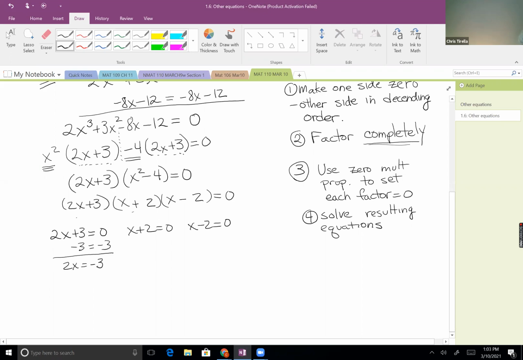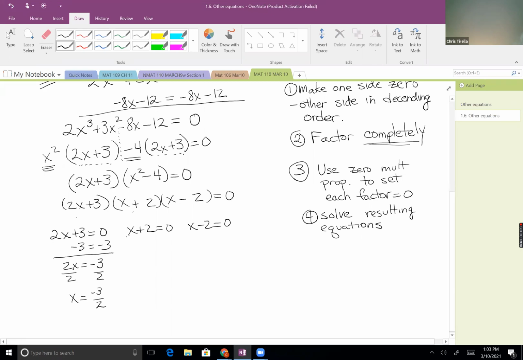Are we done yet? What should we still do? Divide by 2. Beautiful. And so I get x equals -3/2. I would leave that as a fraction. I wouldn't change it into a decimal unless the direction specifically asks you to.